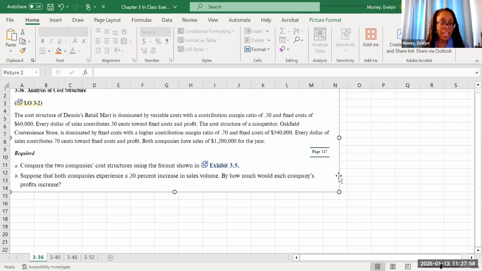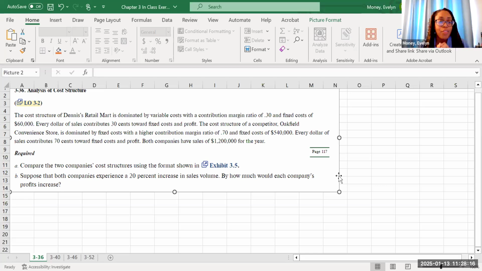The only difference is that now we have a column for percentages. So we're going to look at those percentages. But if you remember that this is built on that contribution margin income statement, then you'll know exactly where to go if you're asked to do an analysis of cost structures.